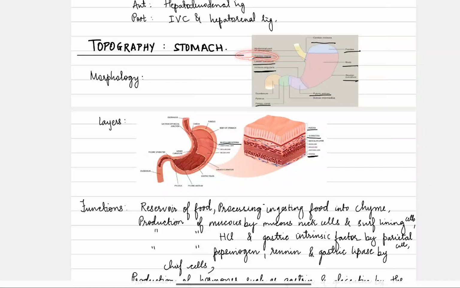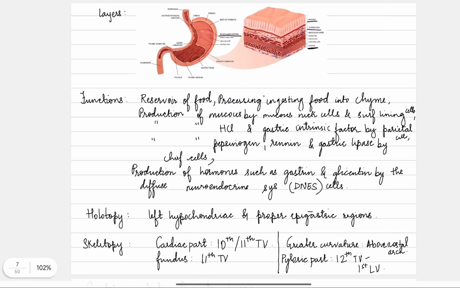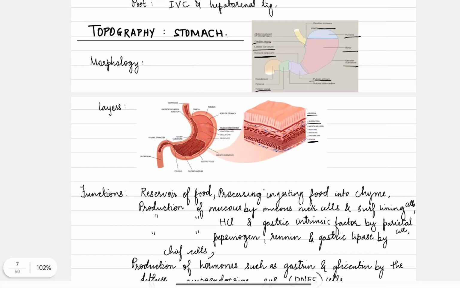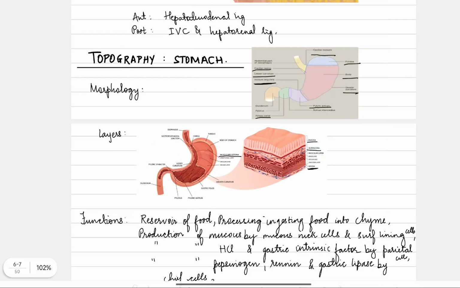Cardiac region, cardiac incisure, fundus, body which has the greater curvature, then pyloric antrum, pyloric canal, pylorus. This is the lesser curvature. There are two notches here, as I said: the cardiac notch and the angular notch.